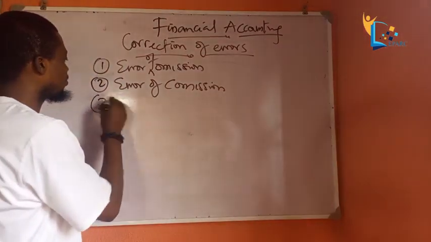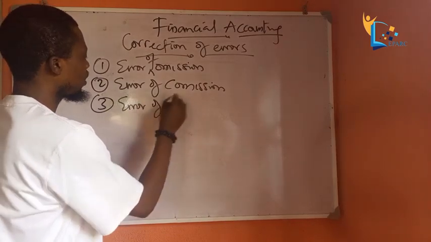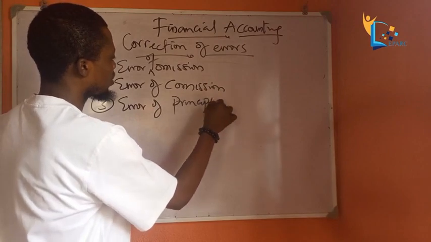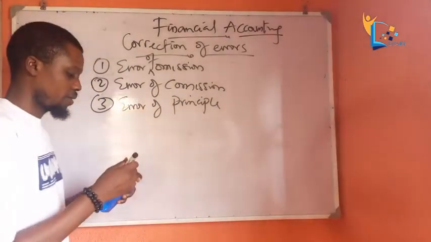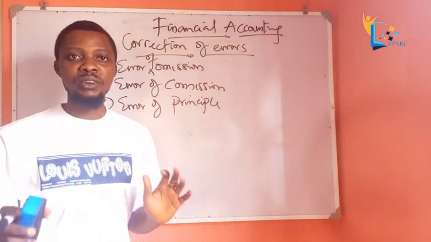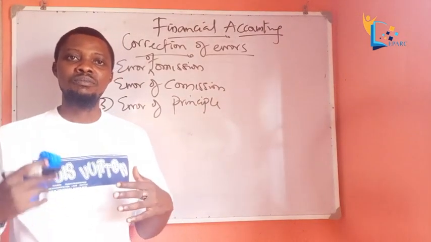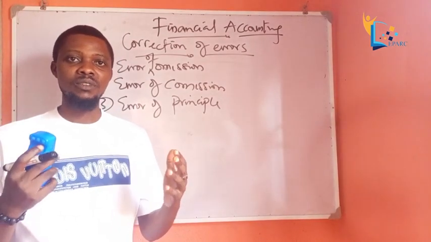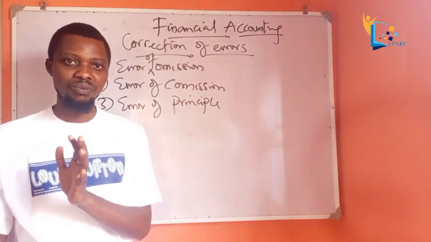So number 3, we have error of principle. Now, when we talk about error of principle, we're simply saying you record a transaction in the wrong class of accounts.